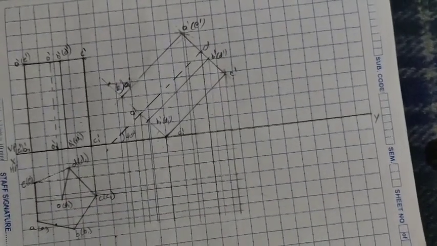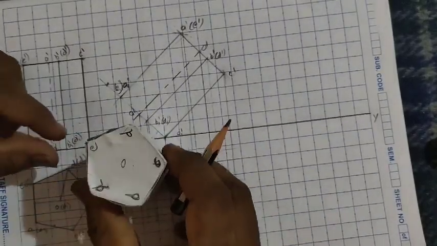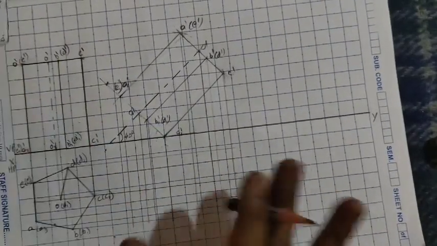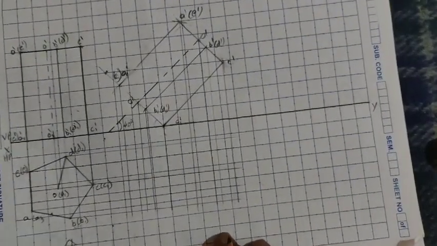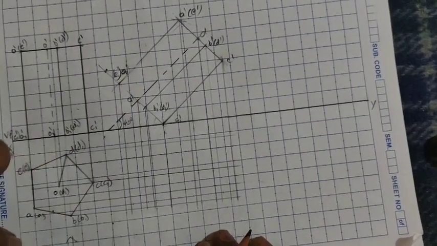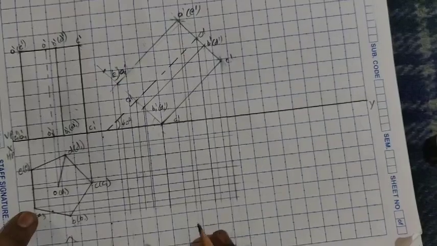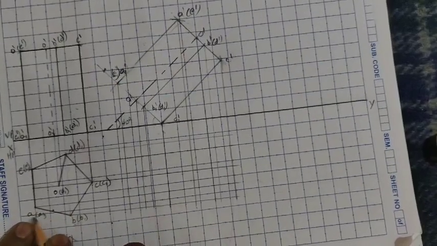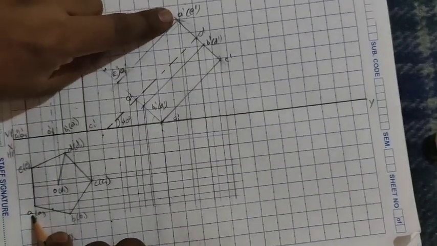So now we have to draw the top view. The most important thing is to first identify the positions of A, B, C, D, E, and A1, B1, C1, D1, and O1. Here you check, this is A, and here this is A dash.